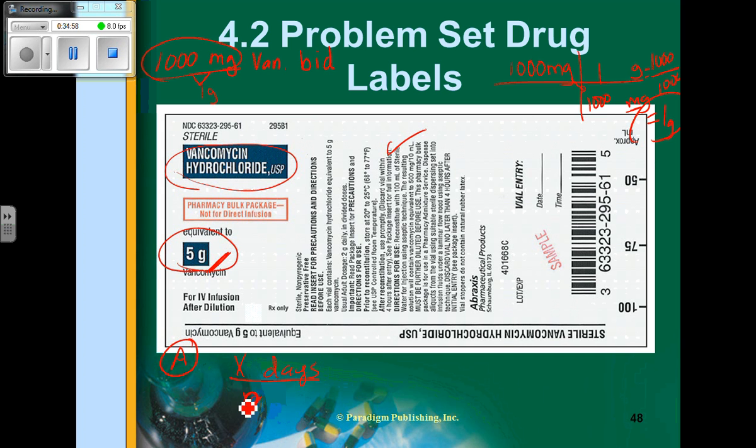Remember I told you one vial has 5 doses. And in one day, they have 2 doses, so they're taking it twice a day, 1 gram twice a day. So one day equals 2 doses. Then you can cross multiply. X times 2 always goes on the bottom. 2 divided by 5 times 1 would be 5. So 5 divided by 2, and it should last 2.5 days.